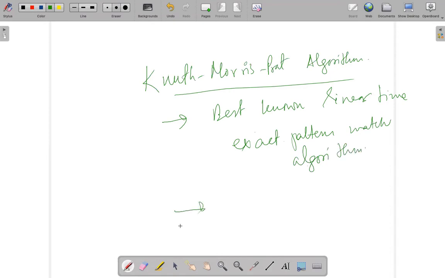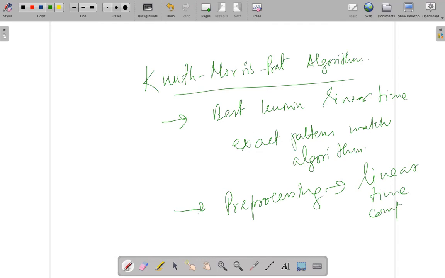And it actually does a pre-processing to achieve this linear time complexity. So first we will talk about what this pre-processing is that it does, and then we will see how this pre-processing step is used in order to achieve the linear time complexity.